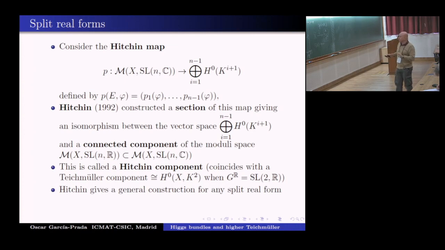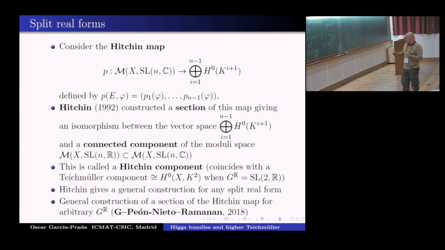Okay, and then with my former student Ana Peón, we gave a general construction for any real group for which you can define the Hitchin map, and then you get a section of that which uses the theory of principal triples, and not just principal triples, but principal triples that are adapted to a real form.